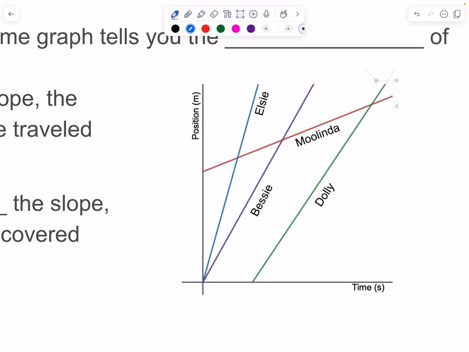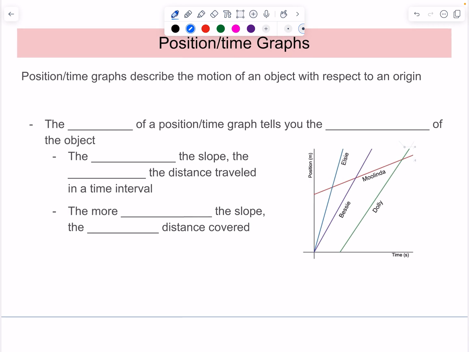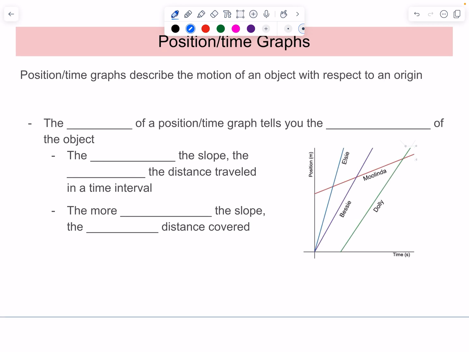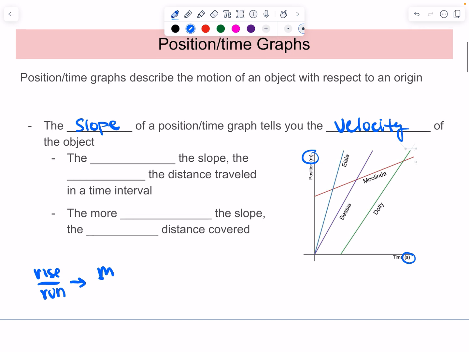Now, based on this, there's a bunch of information we can figure out about the motion of an object. First off, the slope of a position time graph tells you the velocity of the object. If slope is found by taking rise over run, the unit for our rise is meters, the unit for our run is seconds, so the unit for that slope would be meters per second, which is a unit for speed or velocity.